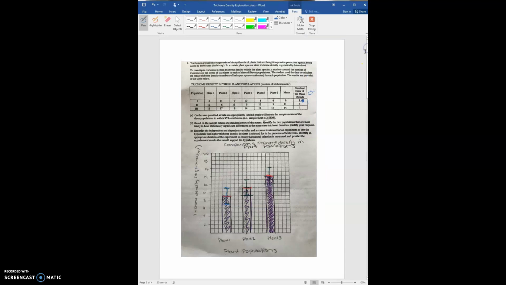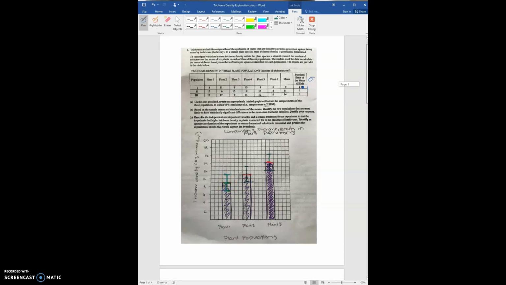Let's look at how we graph this. Our mean was 9, and to be within 95% confident, and our standard deviation is 1, we would need to go 1, 2 up and 1, 2 down.